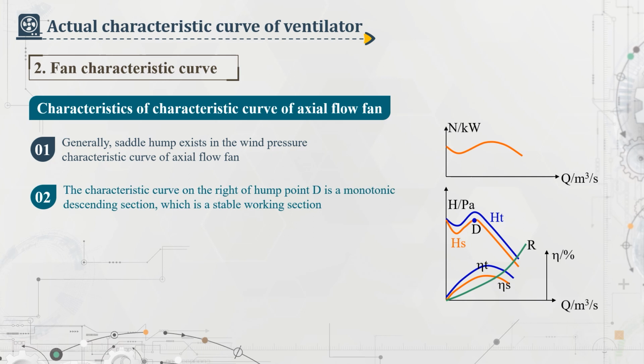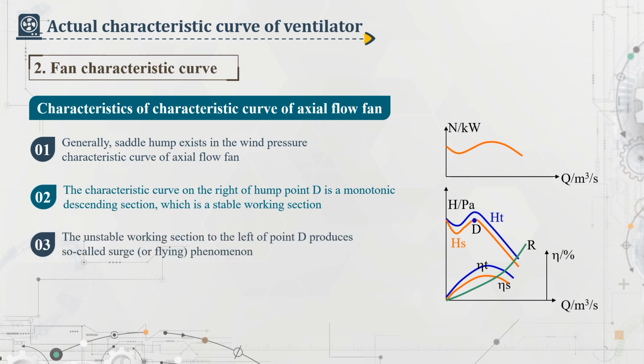The characteristic curve on the right of hump point D is a monotonic descending section, which is the stable working section. 3. The unstable working section to the left of point D produces the so-called surge or flying phenomena.